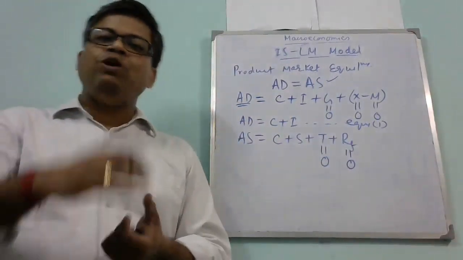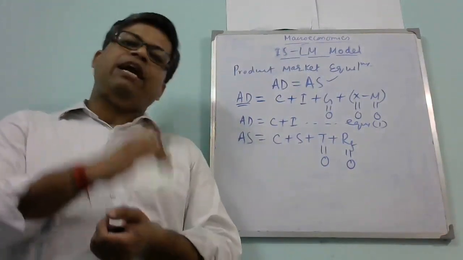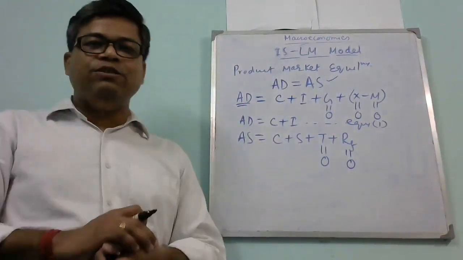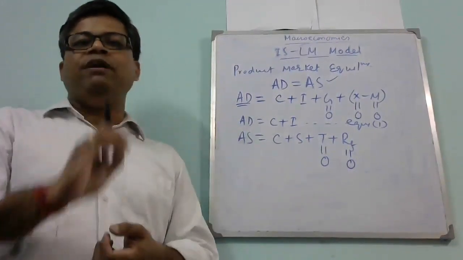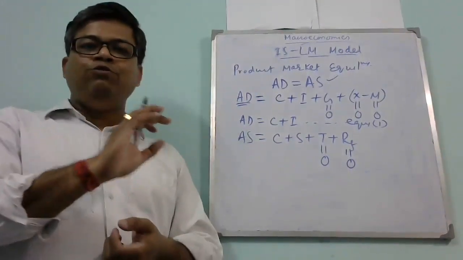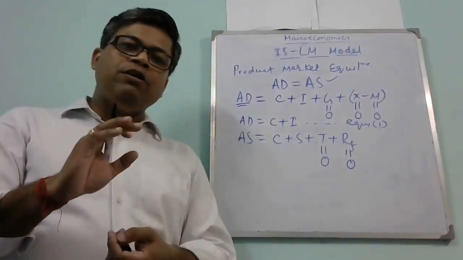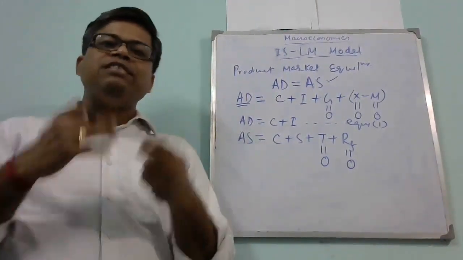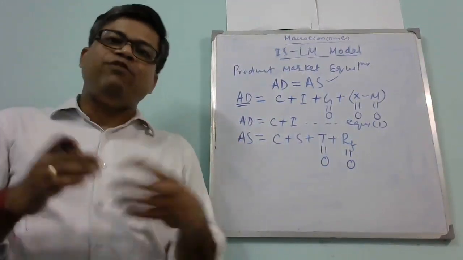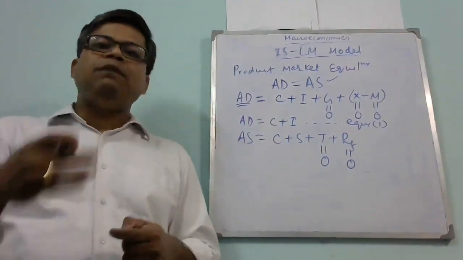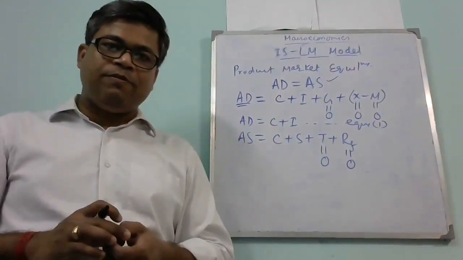Now, what is the transfer payment? That I have already discussed in my last video. The transfer payment means the payment which is given by the government to those persons, but the government is not getting any return from those persons. For example, the government is paying the pension to the retired person.